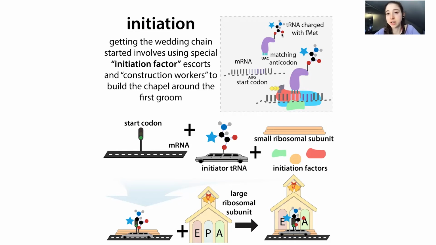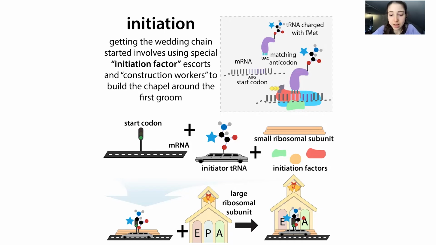In bacteria, the initial amino acid is formylmethionine, a modified form of methionine that's going to help when the start codon comes. It's going to help get this all set up. It's a little different in eukaryotes, and I'm not going to go into that.